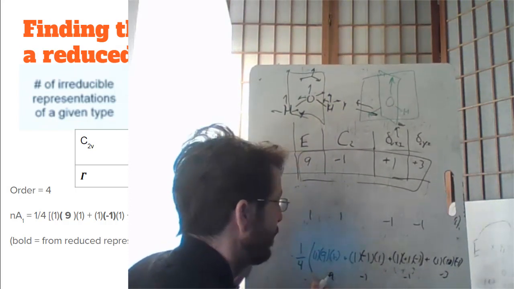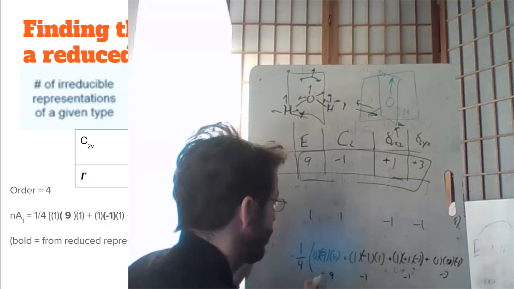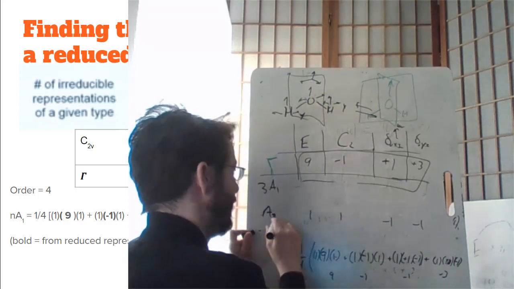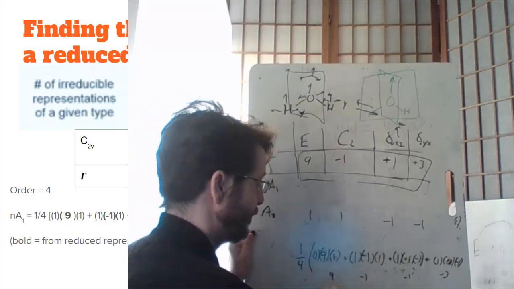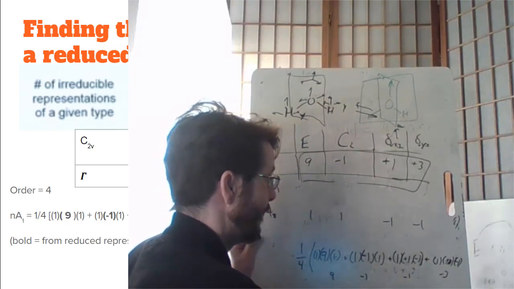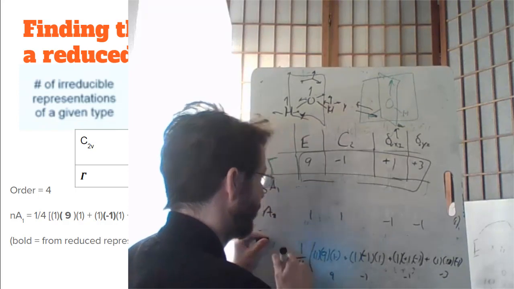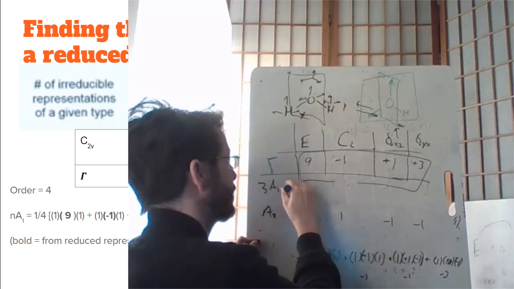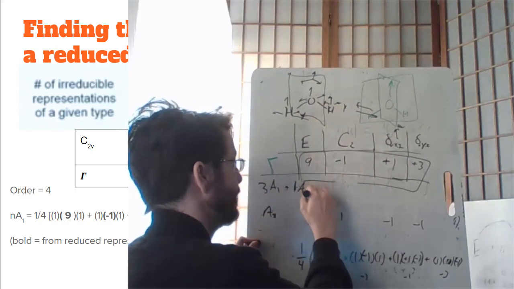So this will be an A2, the sum of which is 1/4 of 4, in this case 9 minus 5 is 4, 1/4 of that. So there would be plus 1 A2.